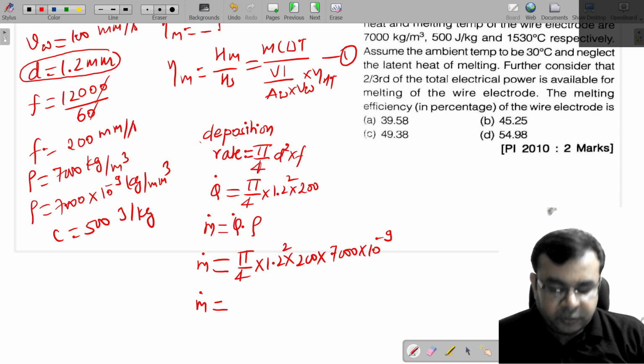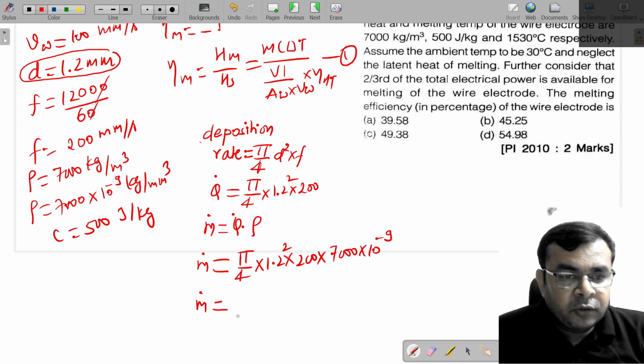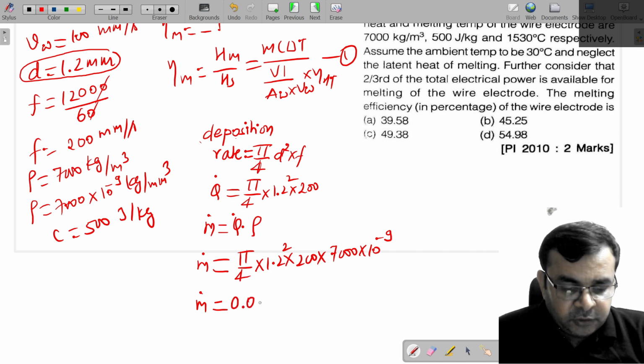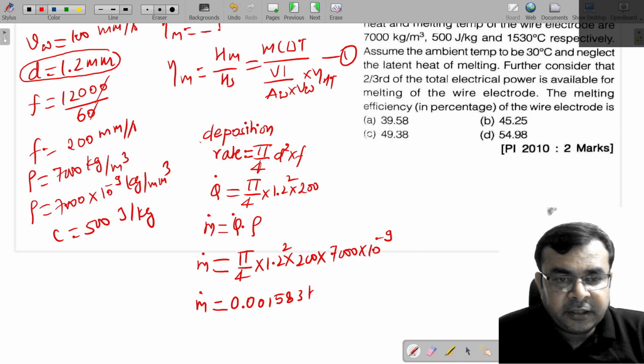Square. Why do I forget to write it every time? So it becomes 0.001583 kg per second.